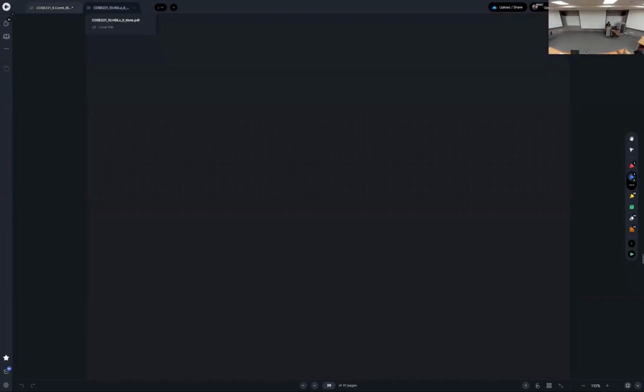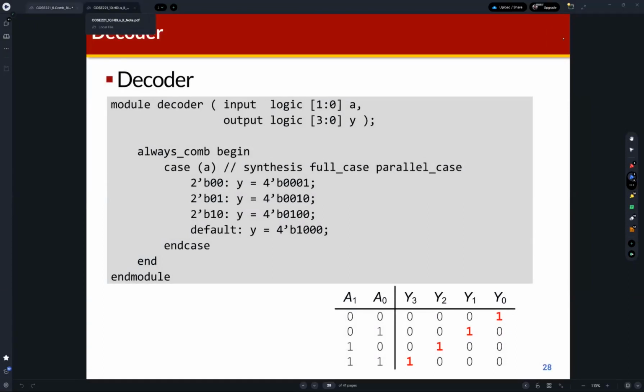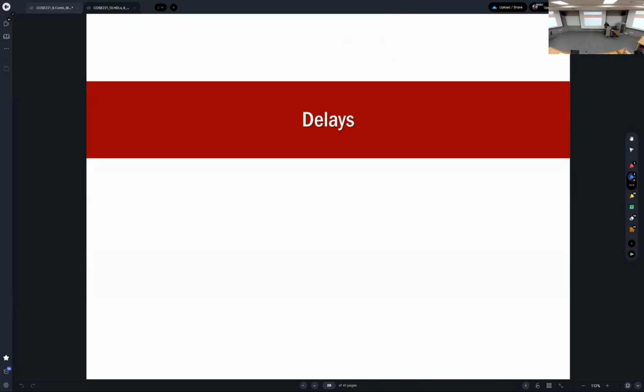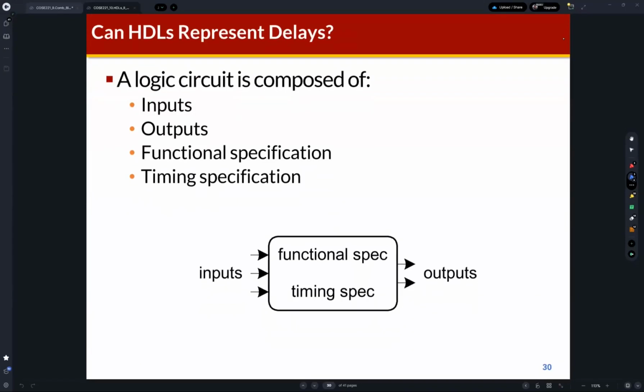And then this is another topic: delay in SystemVerilog. We have just 10 minutes, but I believe I can cover delays in SystemVerilog within 10 minutes. We learned that our module needs to include the timing specification, the delay, right?